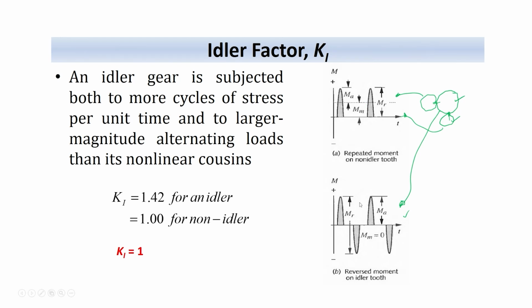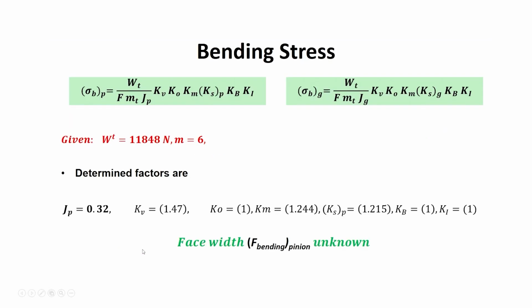So to account for this, the idler factor is taken. For our case, our pinion and gears are not idlers, and so the idler factor will be 1. And thus, we determined all the factors related to the bending stress for the case of pinion.